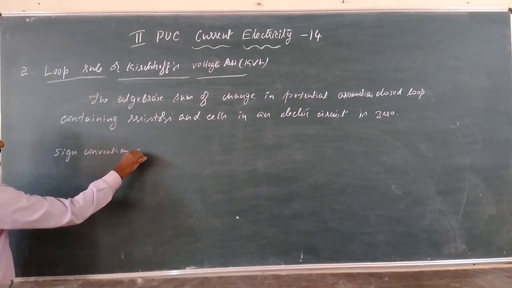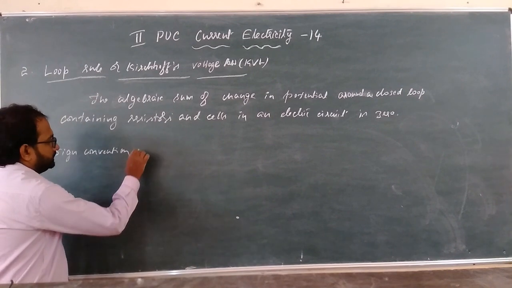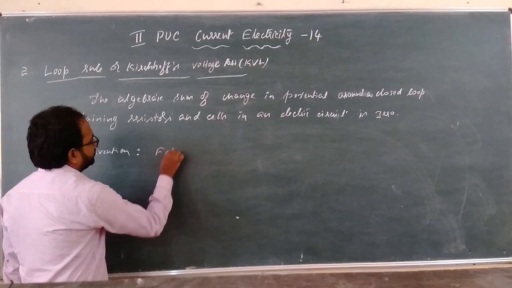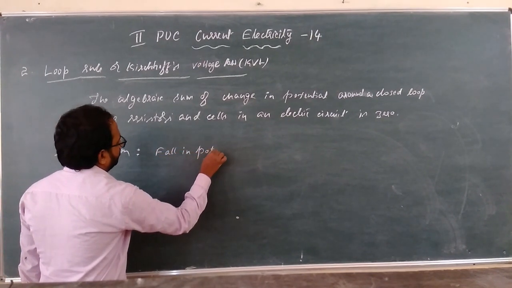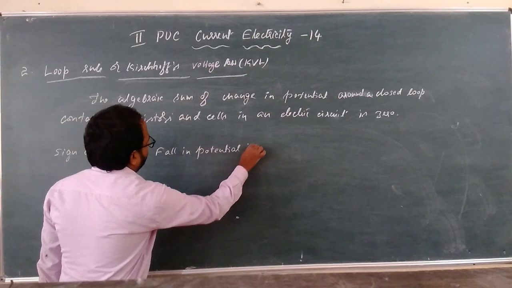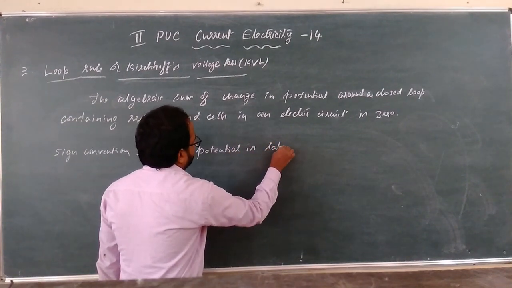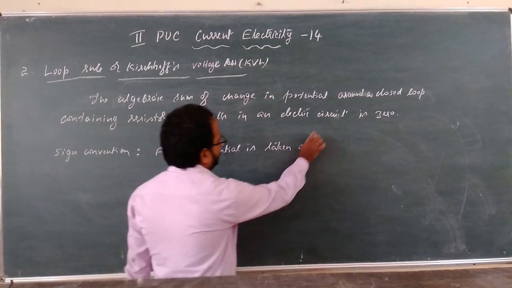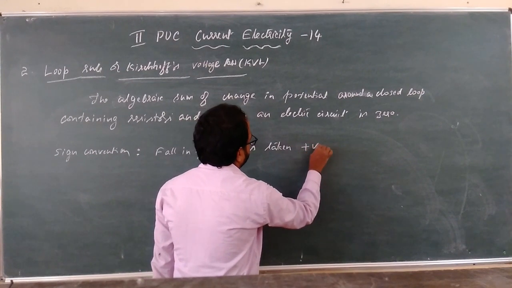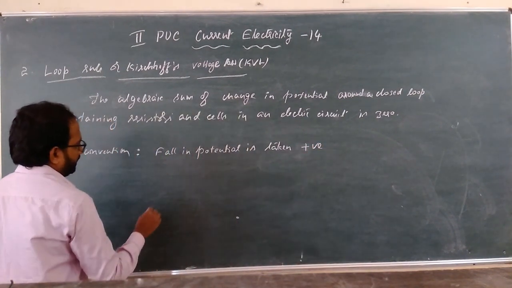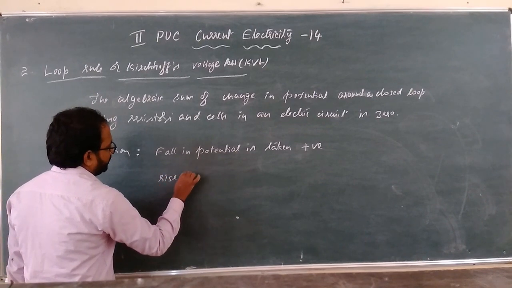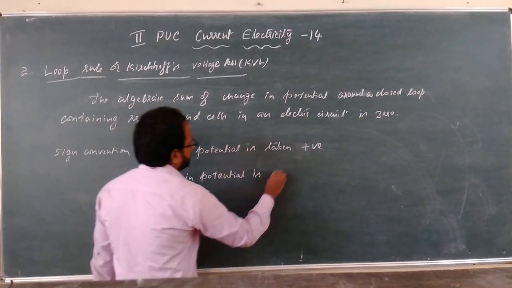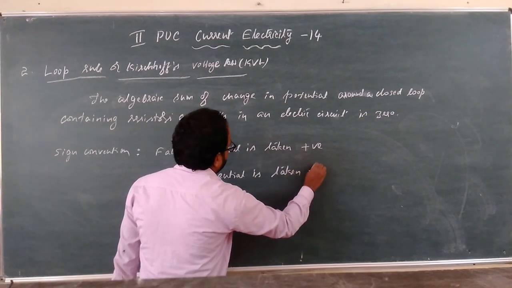By convention, the fall in potential is taken positive, and rise in potential is taken negative.